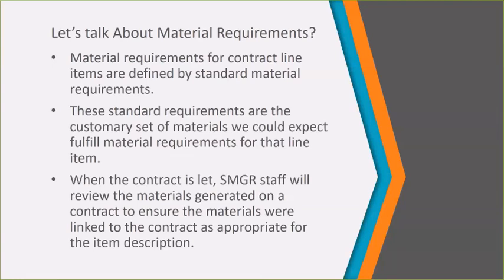When contracts are let, Site Manager staff will generate materials in accordance with the contract line items that are present. Once we generate those materials, we do an overview to ensure that what the material requirements look like are appropriate to the line item. Because those contract line items are generated, oftentimes they reuse the same ones, but sometimes they create new ones. What we're trying to do is make sure that the materials that are linked to a contract line item are appropriate.